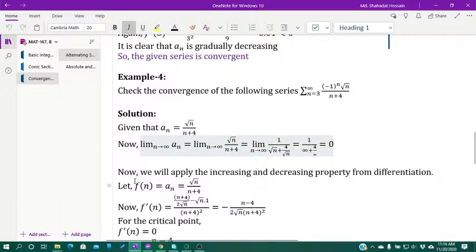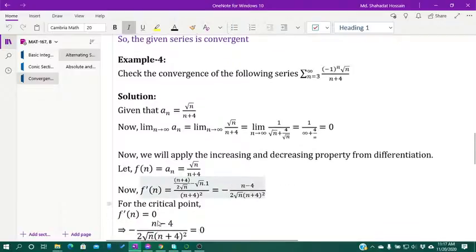Now in this series also we cannot easily check whether the series is increasing or decreasing, so we have to apply the increasing and decreasing property from differential calculus. So consider f of n equals an and differentiate both sides, and we will get this result.